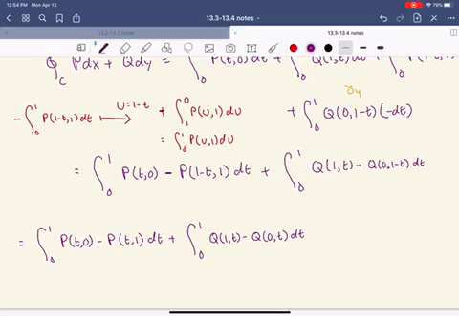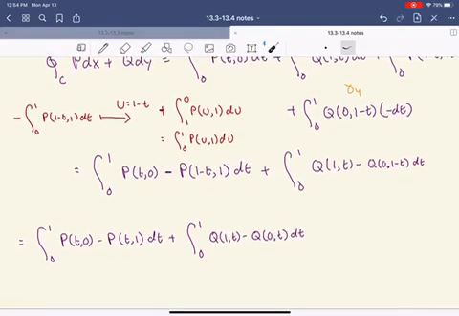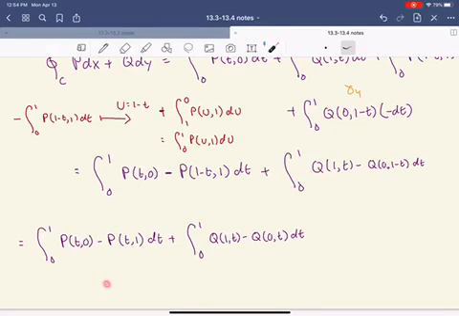Now, here's a nice little thing though. Notice something. These are the same in the x, but in the y's they're different. Here they're the same in the y, but in the x they're different. This is the same as writing an integral from 0 to 1, then from 0 to 1.